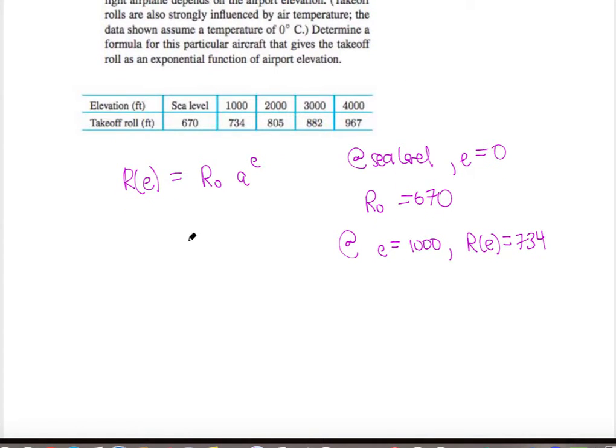So, what does this give us? Well, R of 1,000 is equal to 670 times A raised to the 1,000th power. So, how do we go about solving this? Well, we know that that's equal to 734, so we will divide both sides by 670.